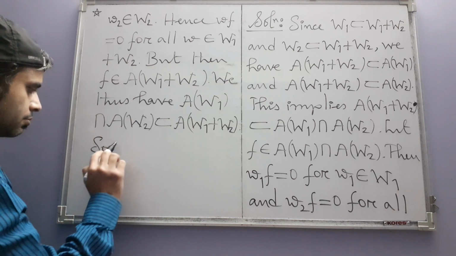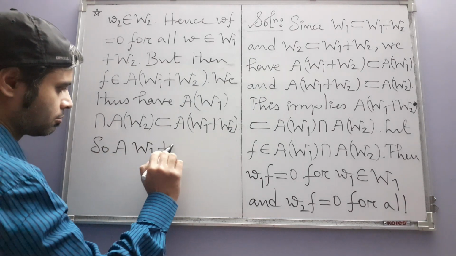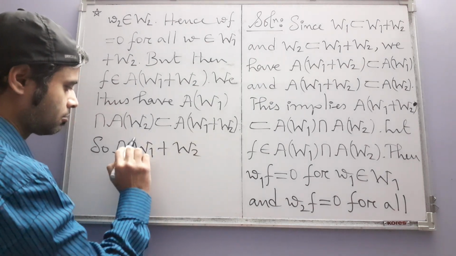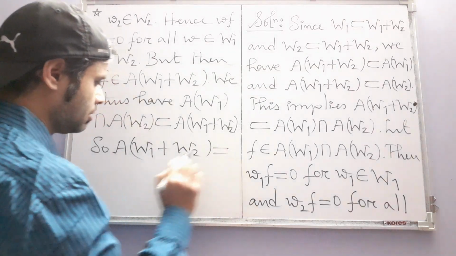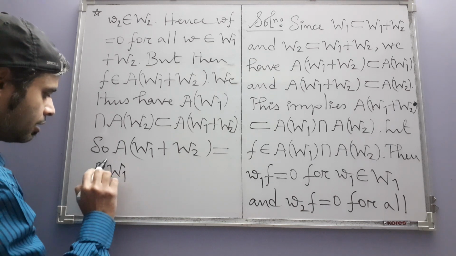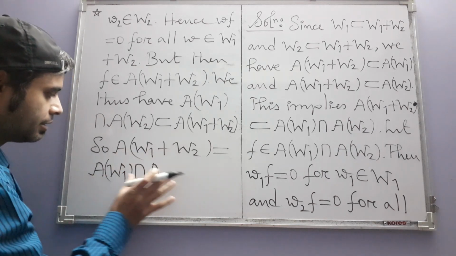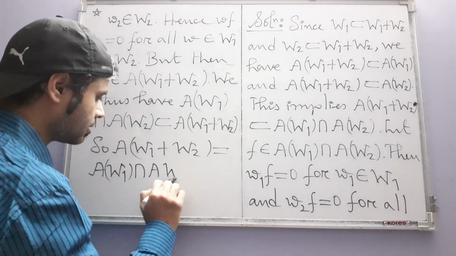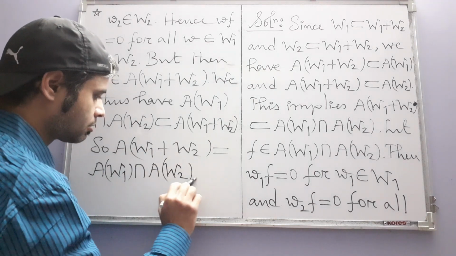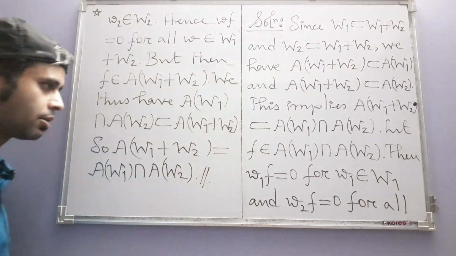So this thing is the intersection of these two annihilators. That's how we have expressed this annihilator in terms of these two annihilators. And that of course is the end of the solution.